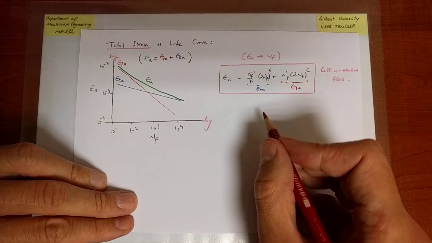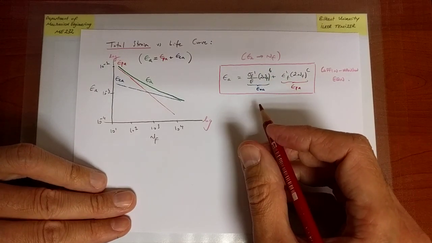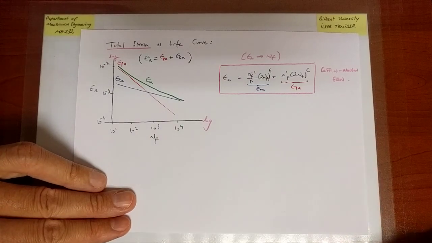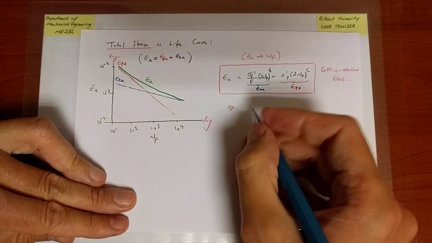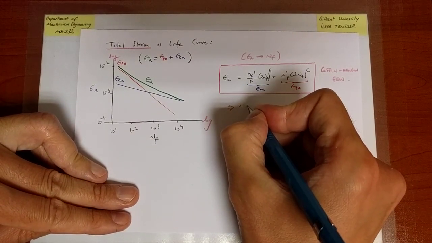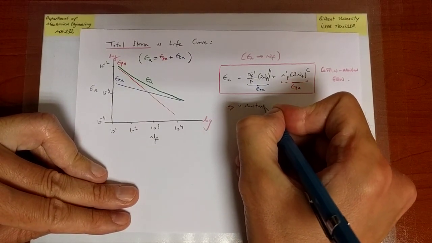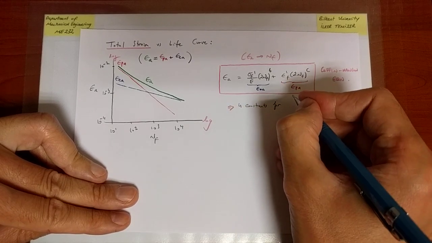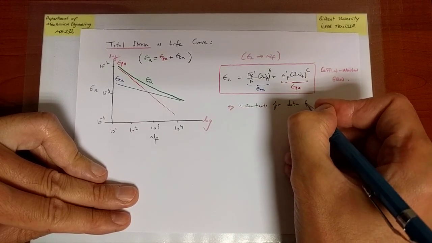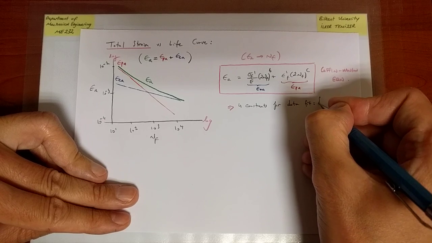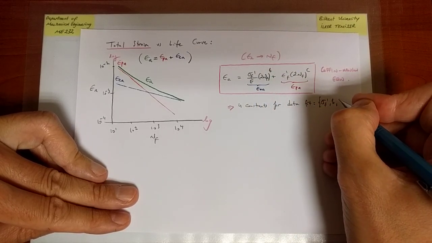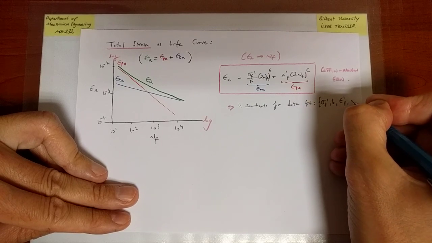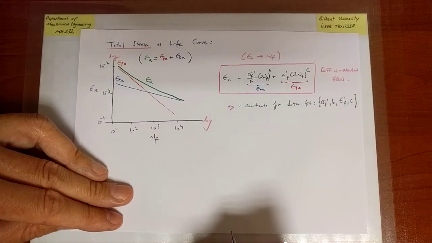When you look at this equation, you see, first of all, that we have 4 constants for data fit, which are sigma f prime, b, epsilon prime f, and c.